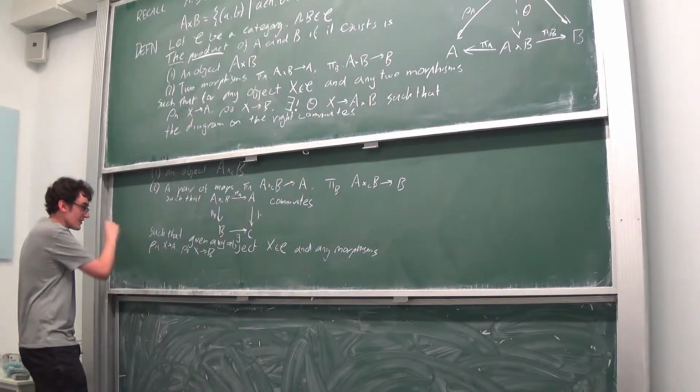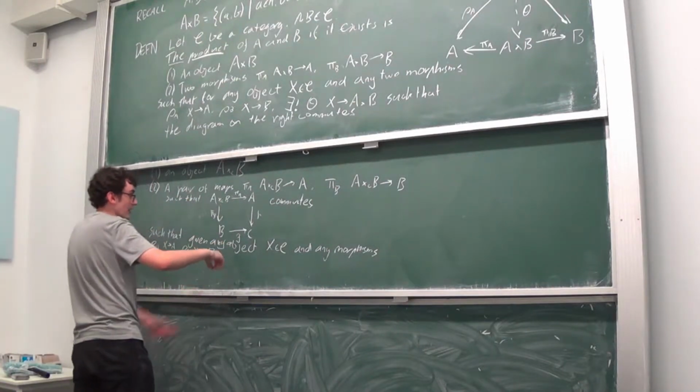So given any two morphisms such that the analogous square commutes, so I won't write the square, I'll just write what that actually is.